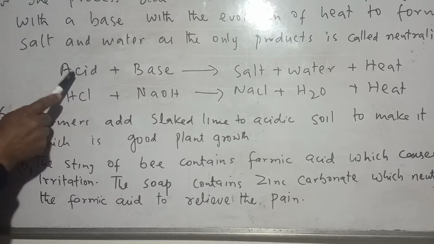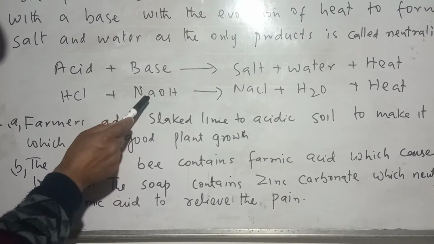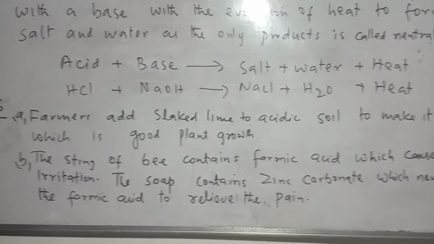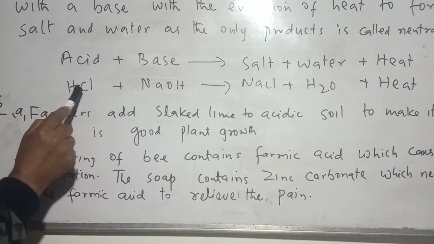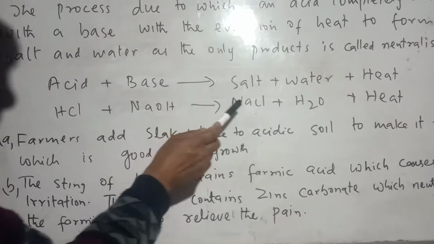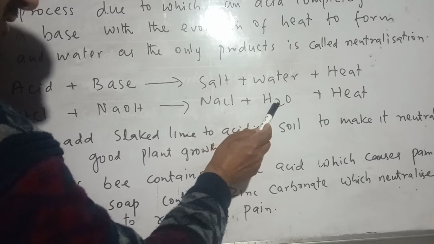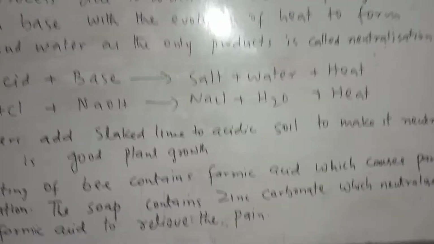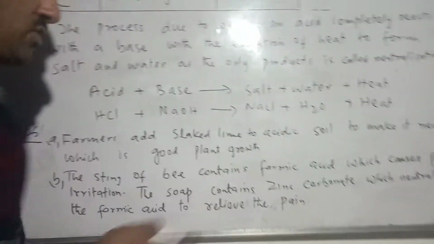The acid we have taken is hydrochloric acid, and the base is sodium hydroxide, NaOH. So when hydrochloric acid reacts with sodium hydroxide, there is the formation of a salt, sodium chloride, and water, H2O, with the release of heat. So this is a neutralization reaction.